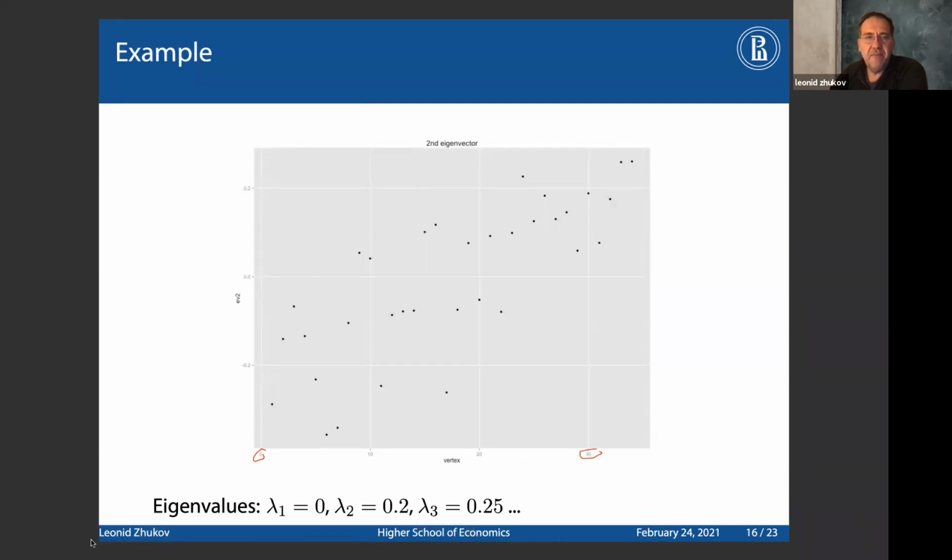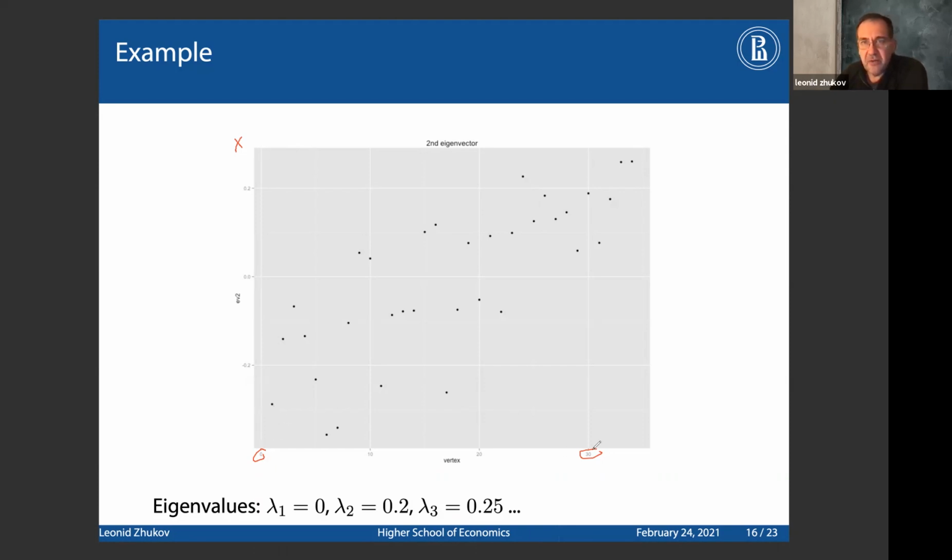And what I have here on the vertical axis is the value of that x vector. So we solve this normalized cut problem, and this is a vector. So for every node, there is a value, right?